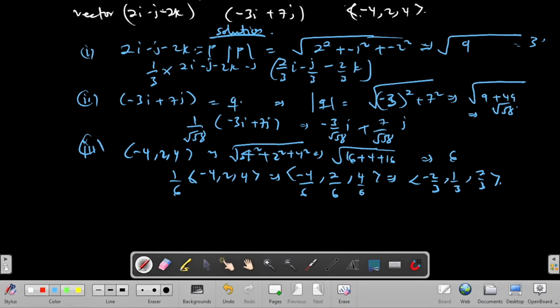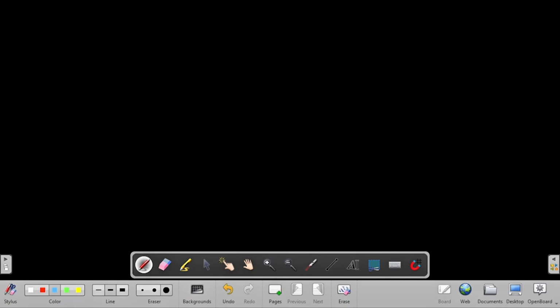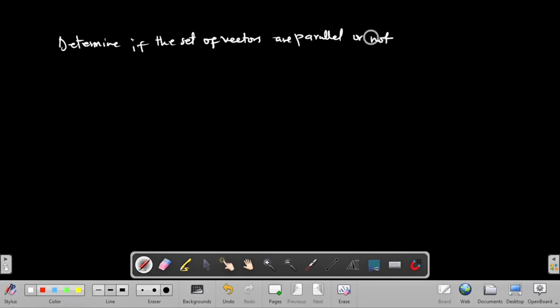Next is dot products, but before that, I have a couple of problems for us to go through. Determine if the sets of vectors are parallel or not.